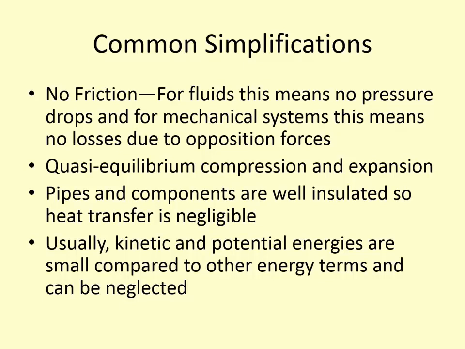We assume that all of our compression and expansion occur in a quasi-equilibrium way, which means that we're not compressing it so rapidly that we're having oscillation of property values across the control volume, that the properties are still uniform as we compress and expand, and that's another simplification.